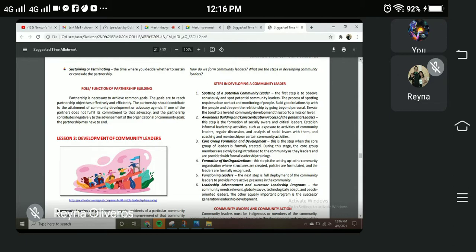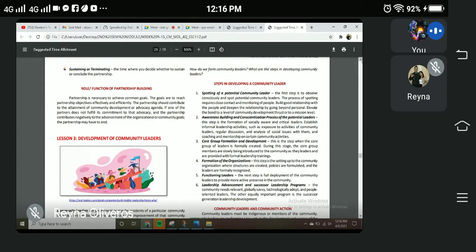For number 3 steps naman is core group formation and development. So this core group formation and development, this is the step when the core group of leaders is formally created. No? When a community organizer spotted leaders, he or she can create or form a core group, no, that could lead a community.